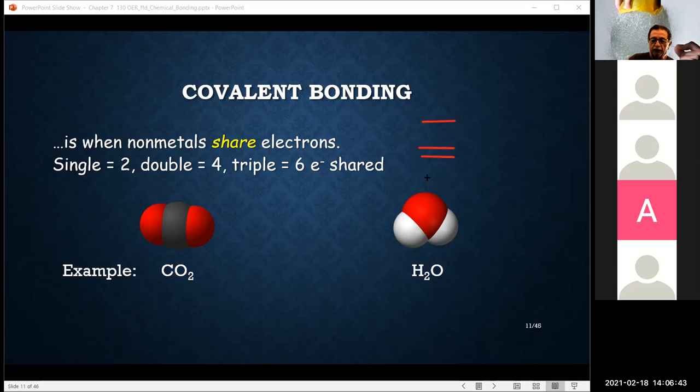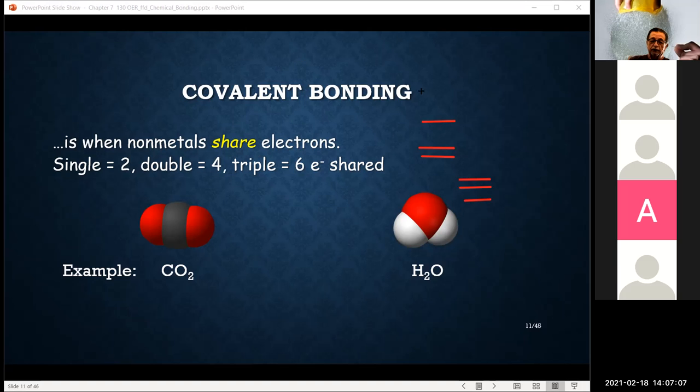And then a triple bond, guess what? Three lines. I'm going to draw them a little bit off. So three lines. Now, each line represents two electrons. So in the single bond, there are two electrons.